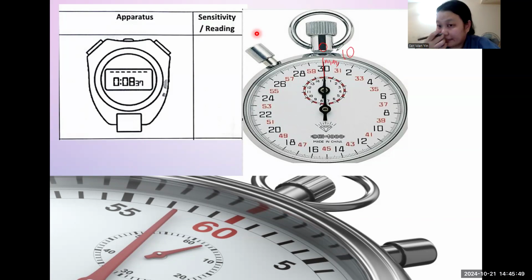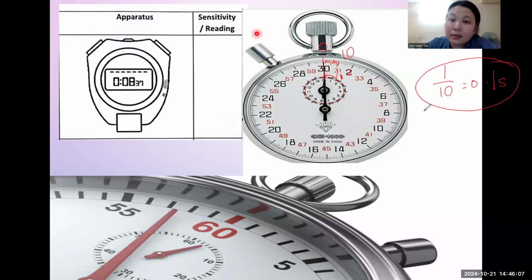It's 10 divisions. From here to here is actually 0 to 1. Remember, first round is 1, second round is 31. So 1 divided by 10, you get 0.1 second. If the stopwatch stops at 30, 0.1 second.